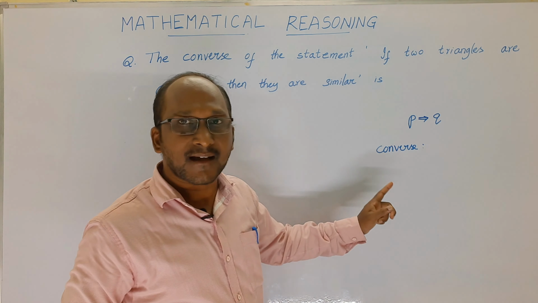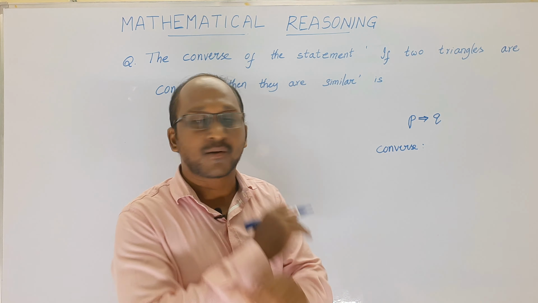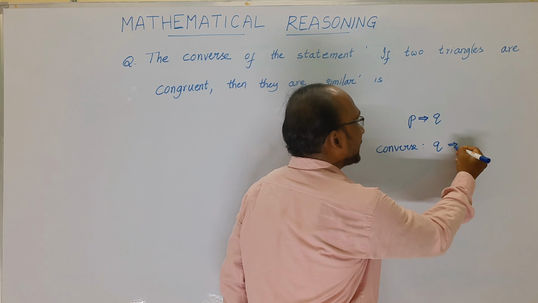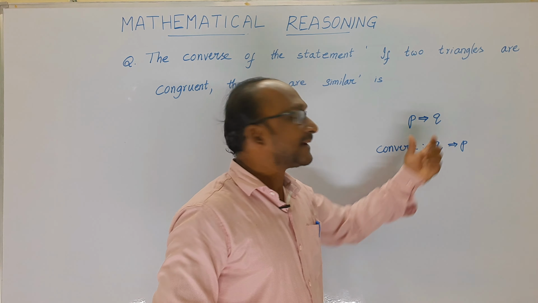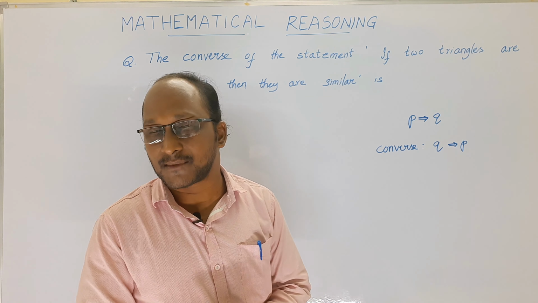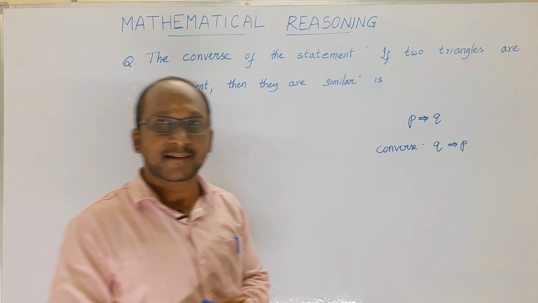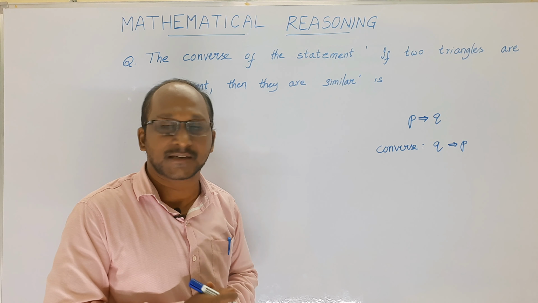So, to get the converse, we have to interchange the statements hypothesis and conclusion. So, Q will be hypothesis and the first statement P will be conclusion. This form of the conditional is called converse of the given statement P implies Q. Now, with the help of this form, we can easily write the converse of the given compound statement.